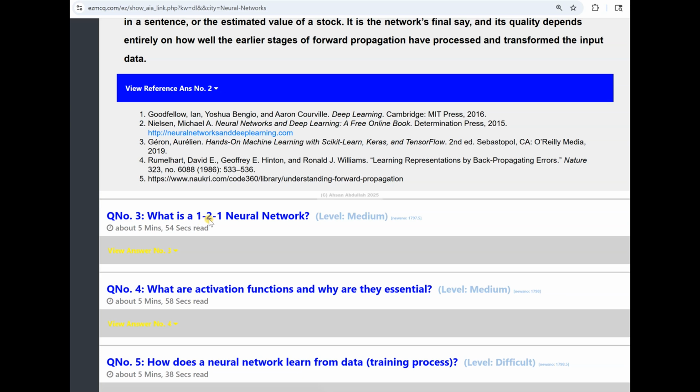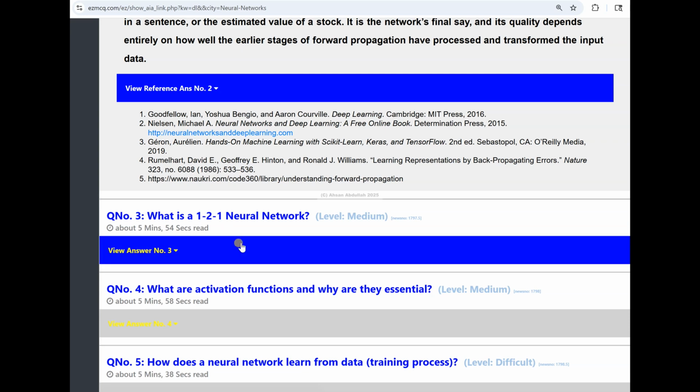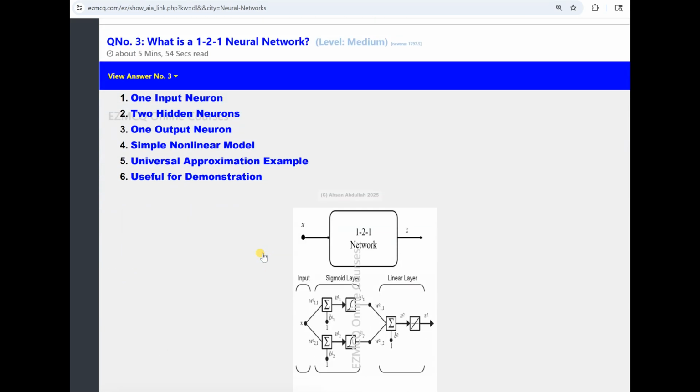So one input, two hidden, one output, one to one. Although it's very simple, this architecture plays a crucial role in understanding how neural networks work and how they can learn non-linear relationships in the data. That's the key thing here.